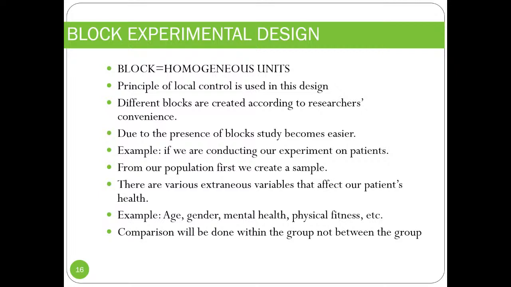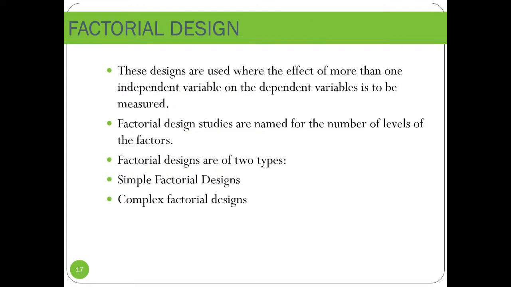Okay, this is what the block experimental design is about. Next, coming to factorial design. In block experimental design, we basically see the individual effect, the individual effect of a treatment, males to males, females to females.